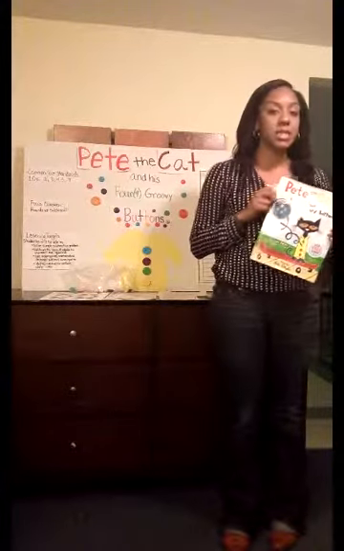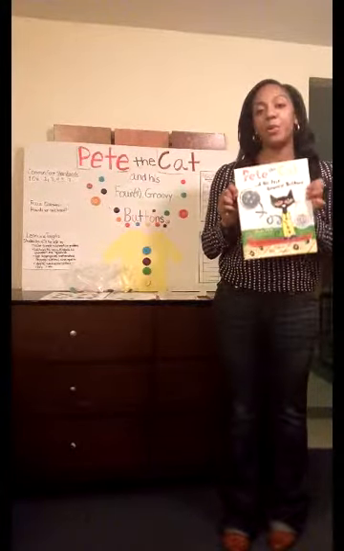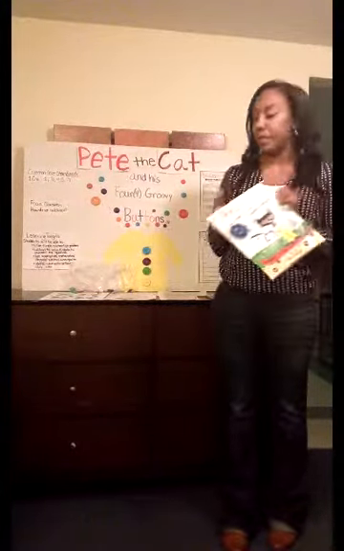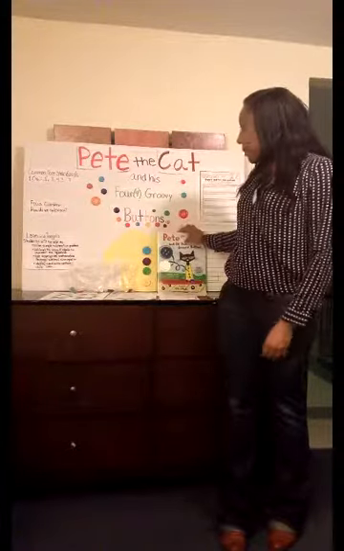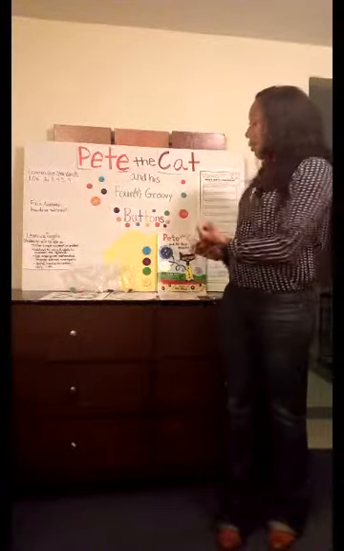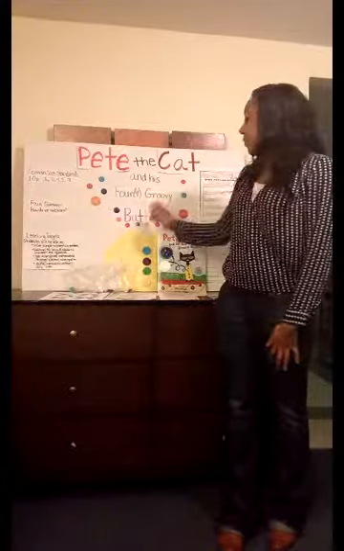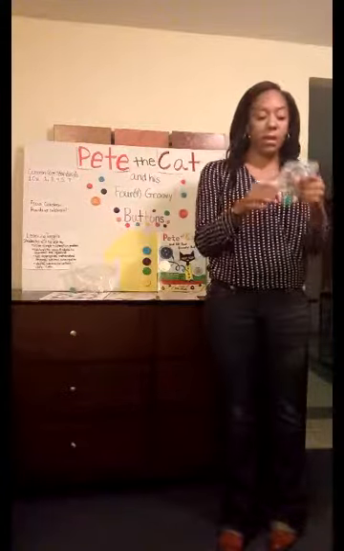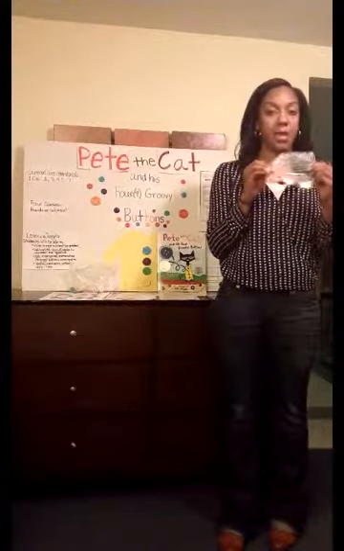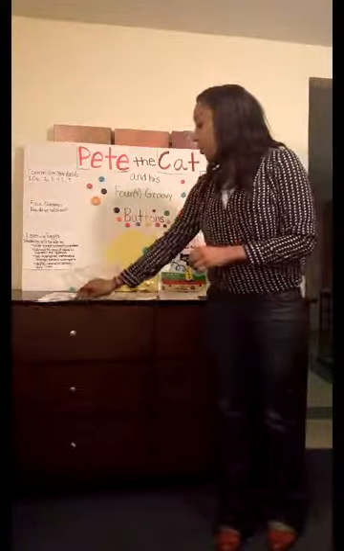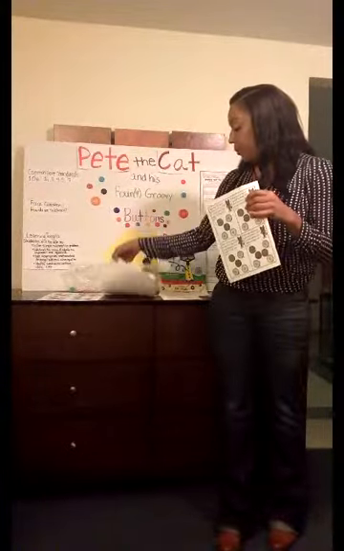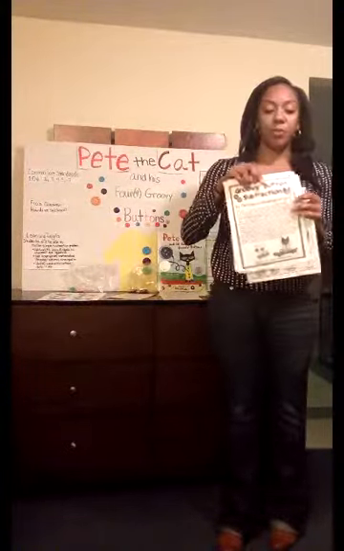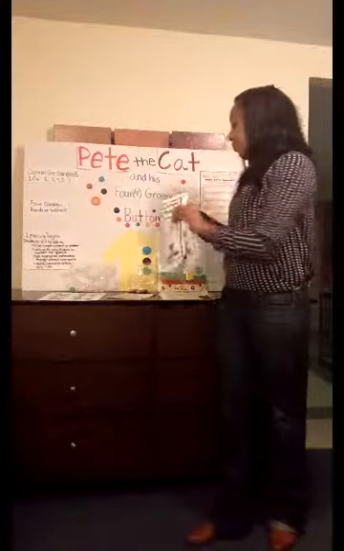Students will first listen to the book on tape, and then we will reread it going through each equation. The supplies we will be using are the book and a smart board. Students will also be given packages of 10 buttons and a worksheet that will be completed in pairs of 2.